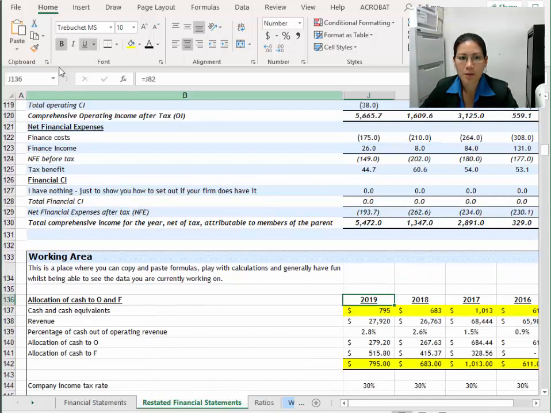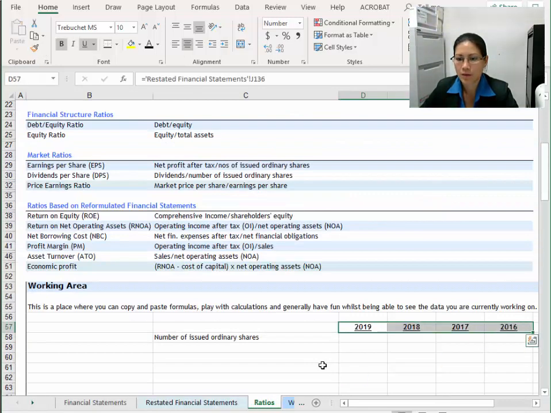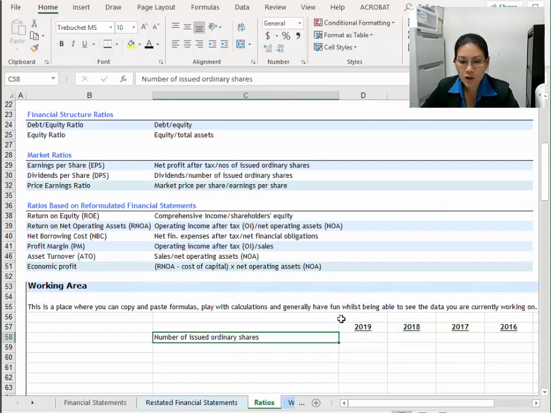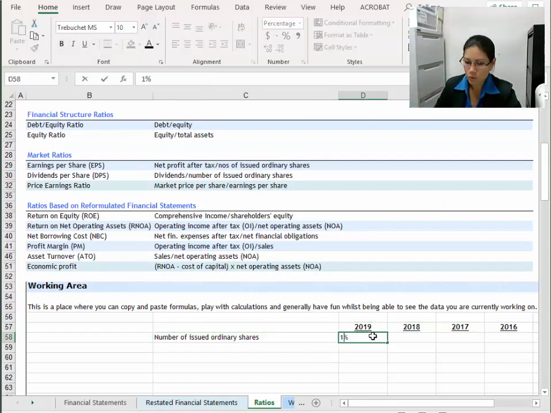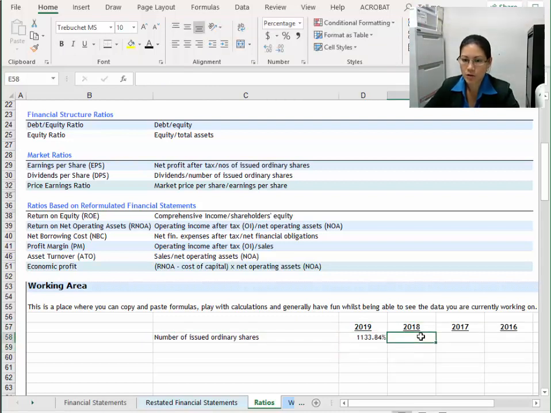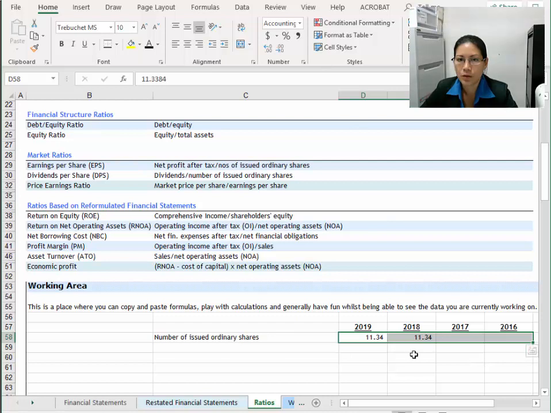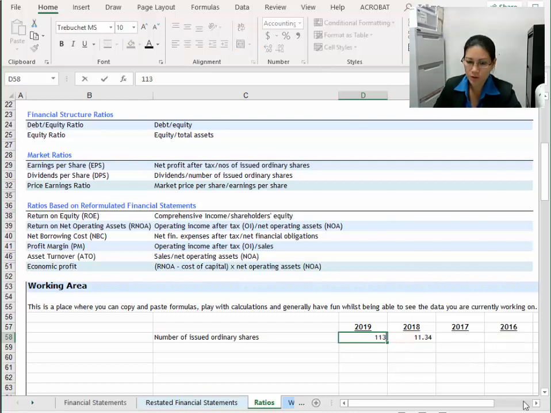And I'm going to format them the same way too. So format painter and okay. So number of issued ordinary shares, and I know it was 1133.84 in both of those years, 1133.84. Now I'm going to just format these all as a number. Oops, let's go and do that again. 1133.84.